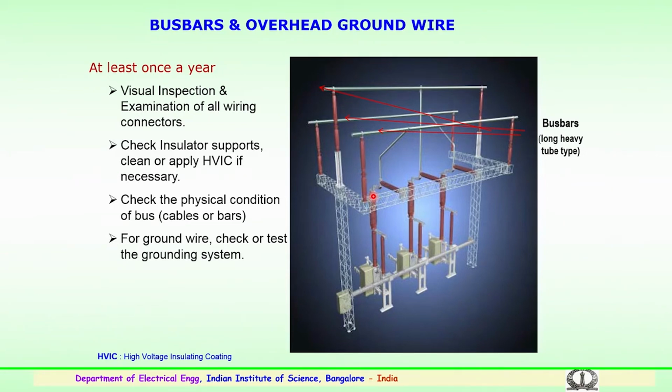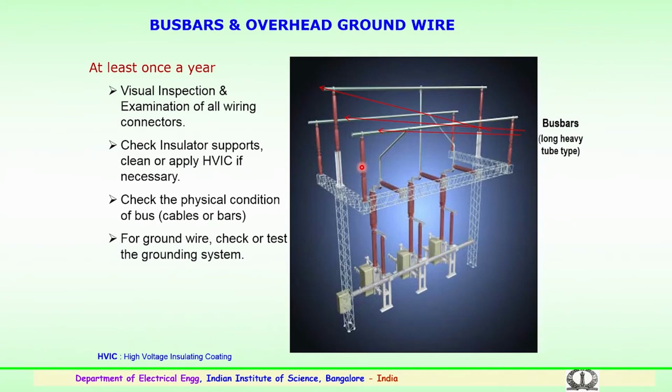These have to be verified, and the contamination or the spread on the insulator surface has to be cleaned at regular intervals, or if necessary a suitable high voltage insulating coating has to be applied on these insulators.